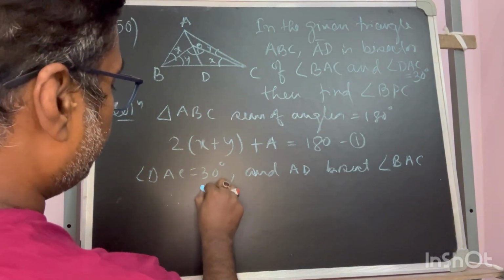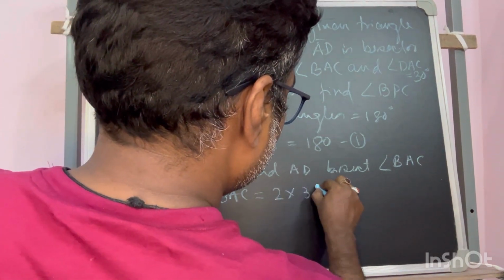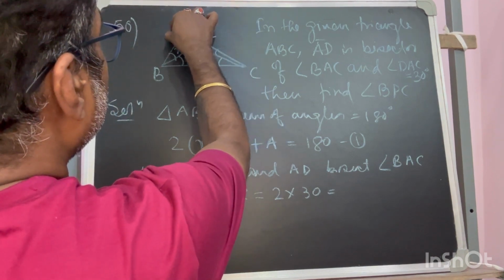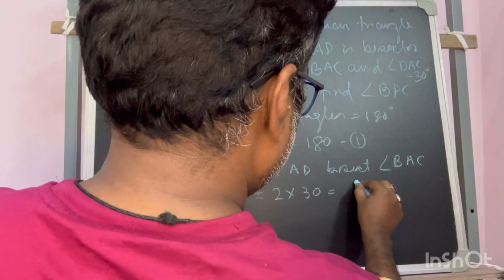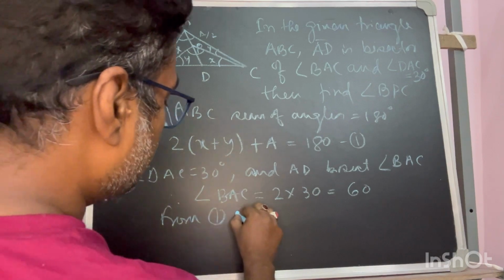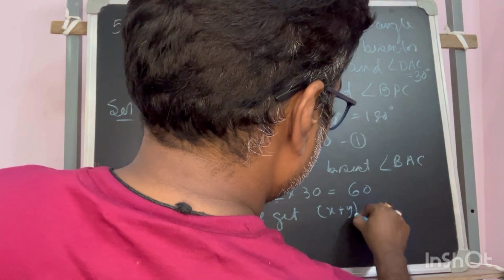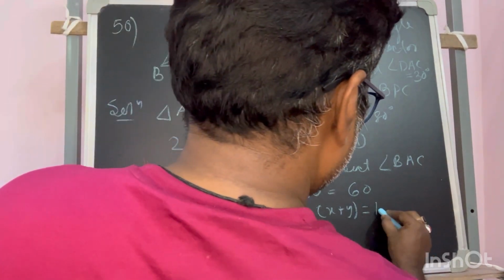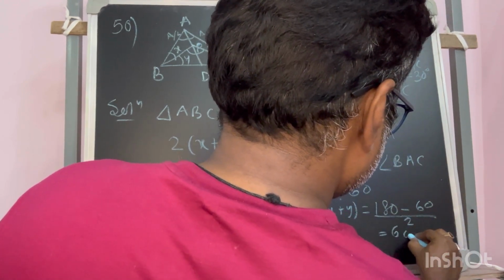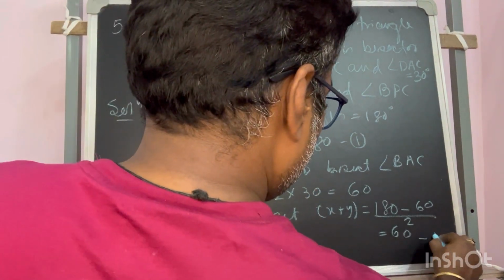Therefore angle BAC is equal to 2 into 30, because bisect means this is equal to A by 2, and this also equal to A by 2, so A is equal to 2 into 30, that is 60. So from 1 we get X plus Y is equal to (180 minus 60) divided by 2, that is equal to 60. So X plus Y, if it is needed somewhere, will be 60.